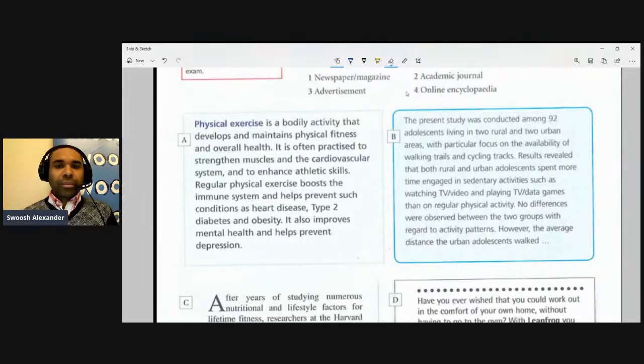So A would be number 4. We've got the term to begin with, and then we have an explanation as to what this term means. Okay, so that would be the answer for A.